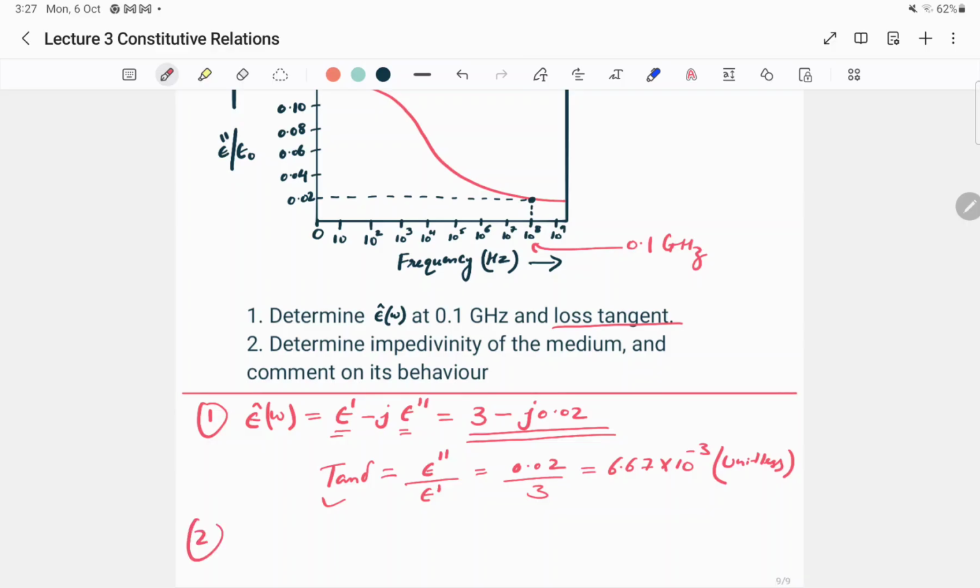The second part of the question is to determine the impedivity of the medium and comment on its behavior. So the impedivity is z cap of omega, which equals j omega mu cap, which is a function of omega.